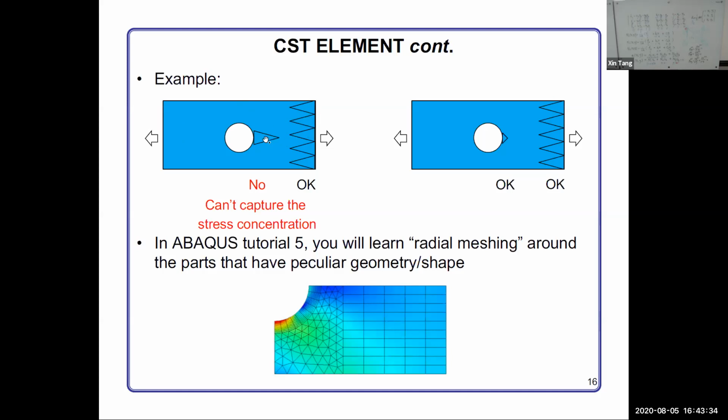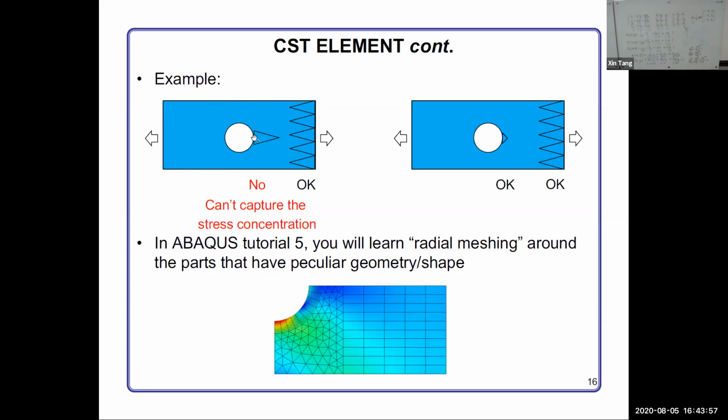Here I only draw a few elements, but once you mesh, you actually have everywhere meshed. I just give you a simple demonstration. Now, based on our understanding, within the CST element, stress will be a constant.